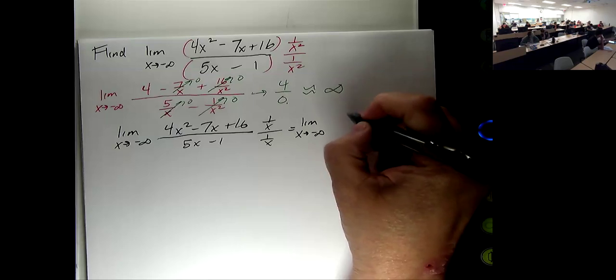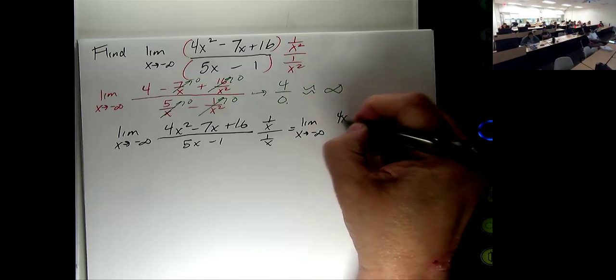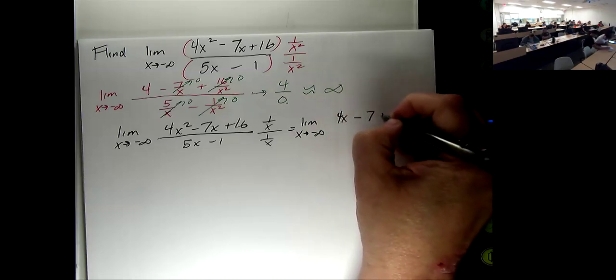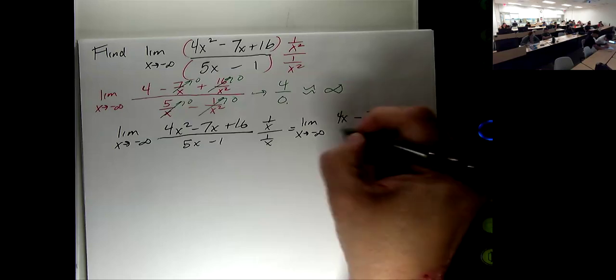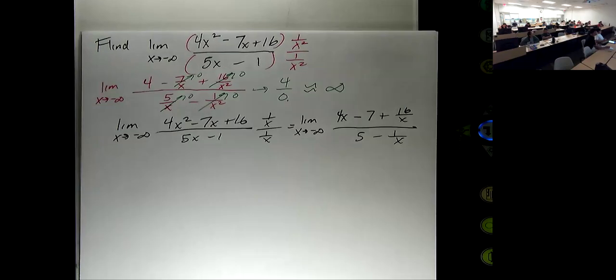This goes to 4x minus 7 plus 16/x, and this goes to 5 minus 1/x. I did lose a sign in there. The 5.